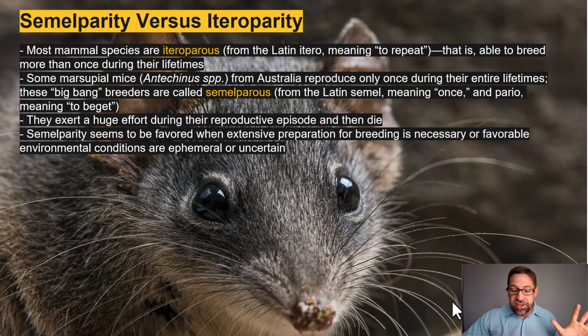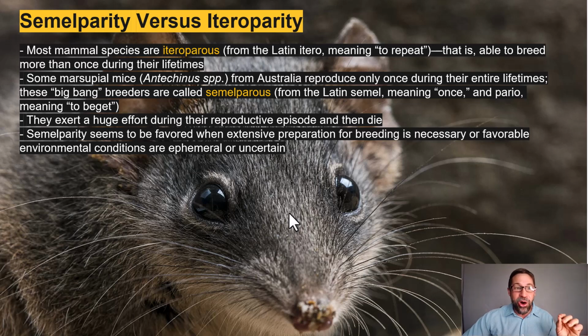Most mammal species like elk are iteroparous, from the Latin itero, meaning to repeat. It's an iteration. That is, they're able to breed more than once during their lifetime. That said, some marsupial mice in the genus Antechinus, shown here, these guys are, of course, from Australia, are going to reproduce only once during their entire lifetimes.